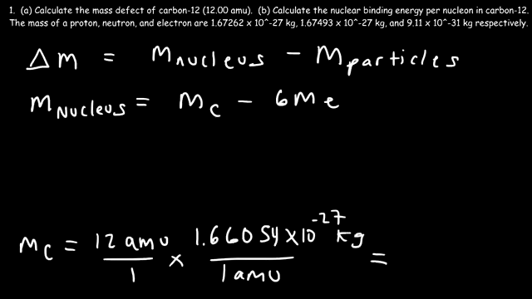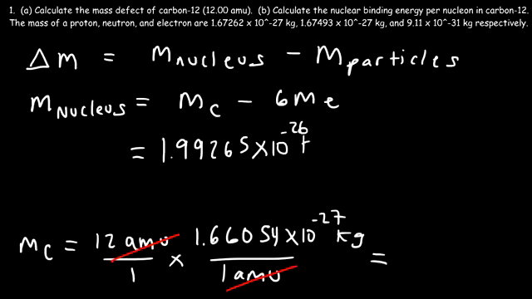And you can look that up on the internet. It's not hard to find. Just type in AMU to kilograms in Google or something, and it should come up. Now let's go ahead and multiply those two numbers. So the mass of carbon in kilograms is 1.99265 times 10 to the negative 26 kilograms.